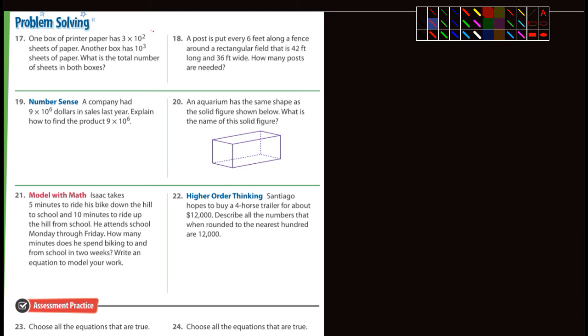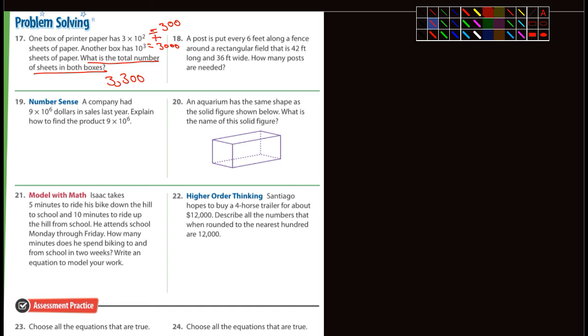What's that equal? 3 times 10, that's going to be 3, and add how many zeros? All right. What's going to be 3 times 10 to the third? What's that going to equal? 3,000. What's 3,000 plus 300? What's the total number of sheets in both boxes? It's going to be 3,300. Okay.